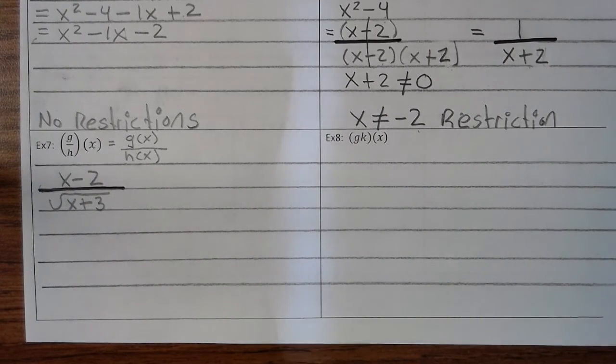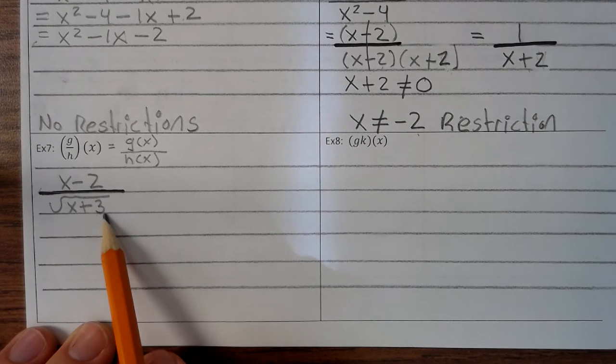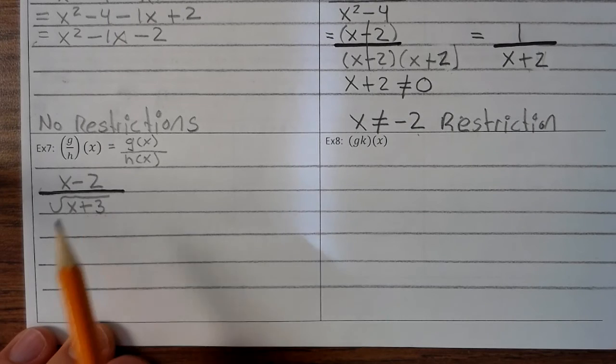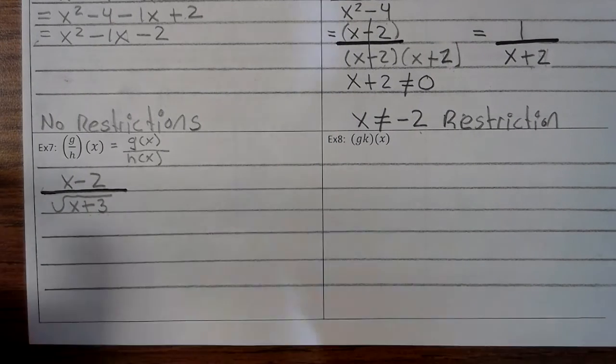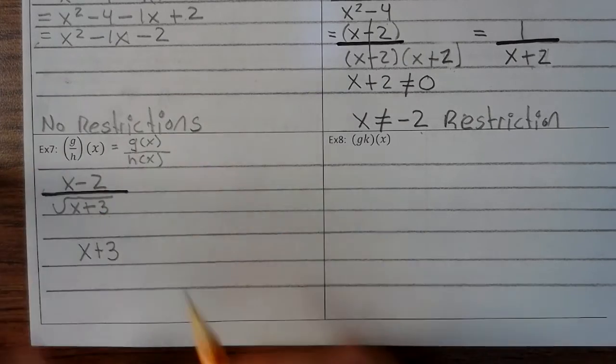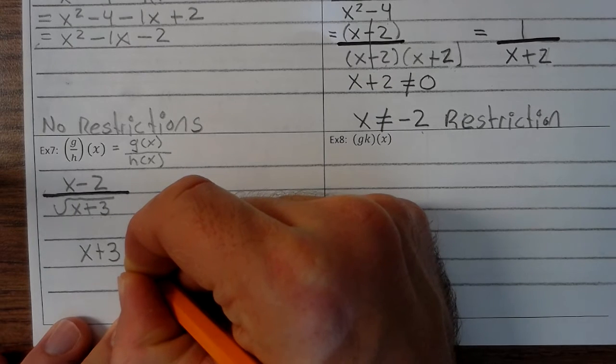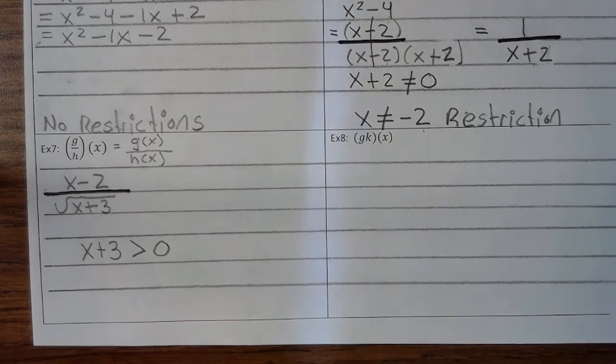So we have two scenarios. For one, we can't have this be 0, so we've got to find out when it's 0. But also, the number inside the parentheses has to be greater than or equal to 0, okay, because you can't have a negative. So for the restriction, we're going to set x plus 3 greater than 0, okay?